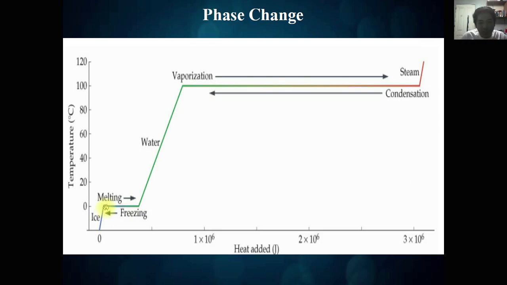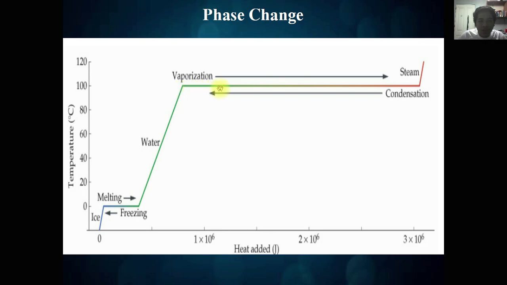If we increase the heat again, it is now water. Once it melts, it becomes water, and when we increase the heat added, we are also increasing the temperature until we reach 100 degrees Celsius, the boiling point of water. The water now will start to become vapor.